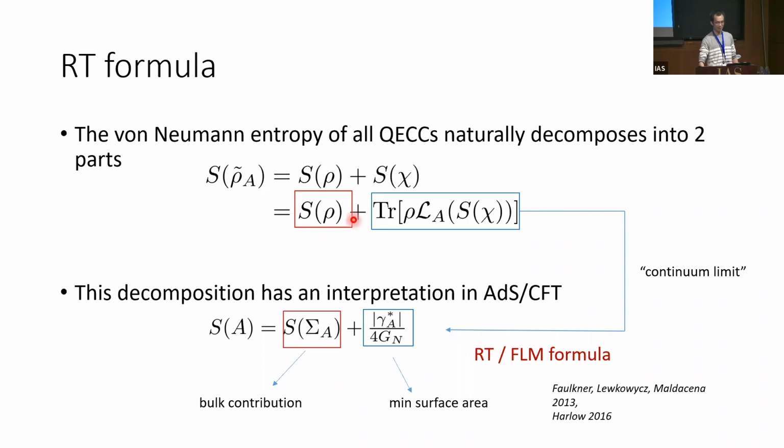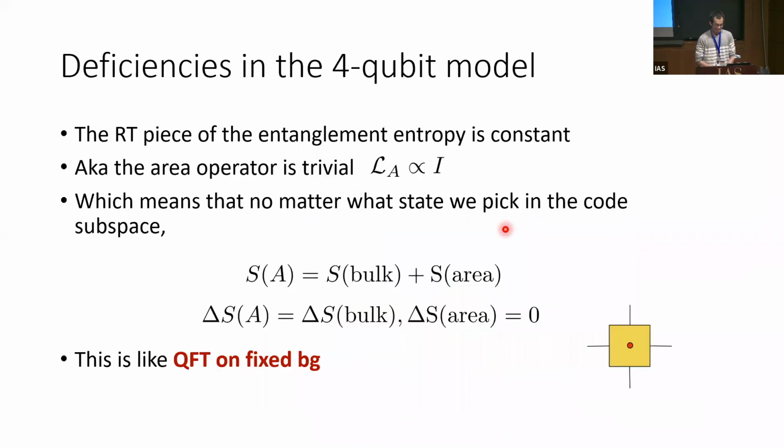We can identify the first piece, the encoded piece, with the bulk entropy contribution in the RT formula, the FLM formula. And the second piece, the entropy contribution, I can identify with the area term, by suitably defining an area operator, which depends on the entanglement entropy.